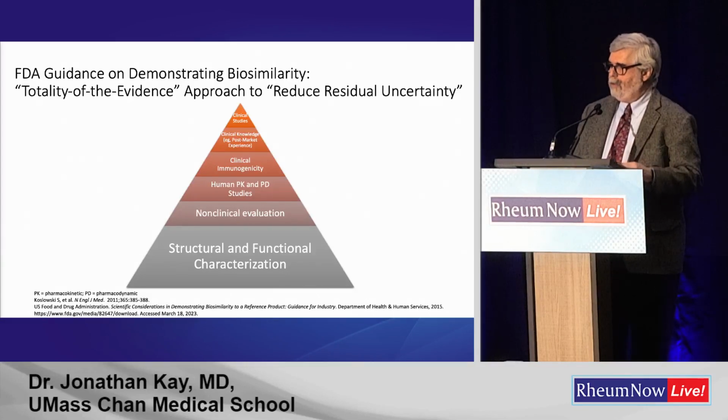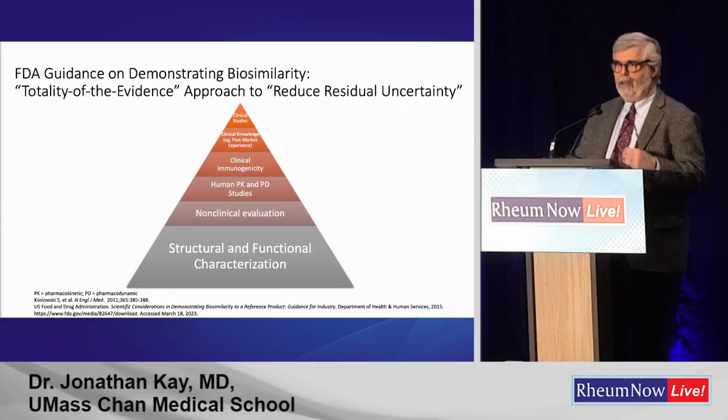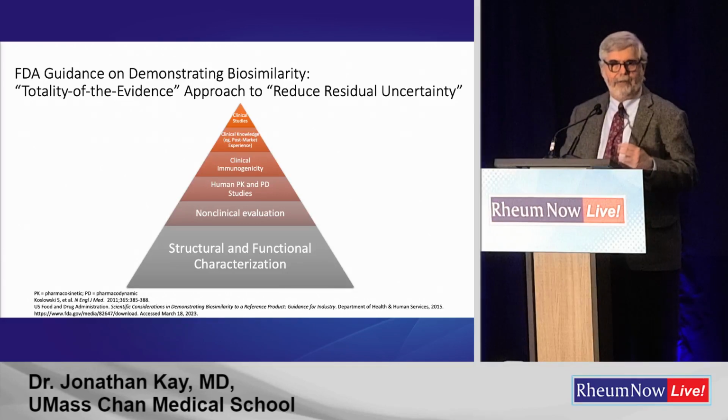And then the molecule goes into human pharmacokinetic studies, and if there's a biomarker available, such as glucose for an insulin biosimilar, pharmacodynamic studies. Clinical immunogenicity is assessed throughout, and then there's at least one clinical trial conducted in a disease which is most sensitive to detecting potential differences between a biosimilar candidate and the reference product, and then post-marketing information is gathered.